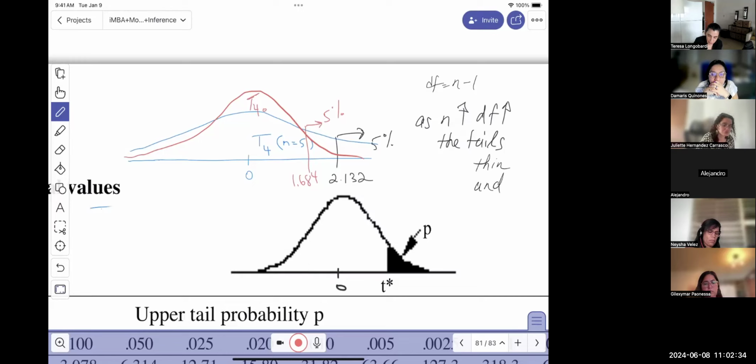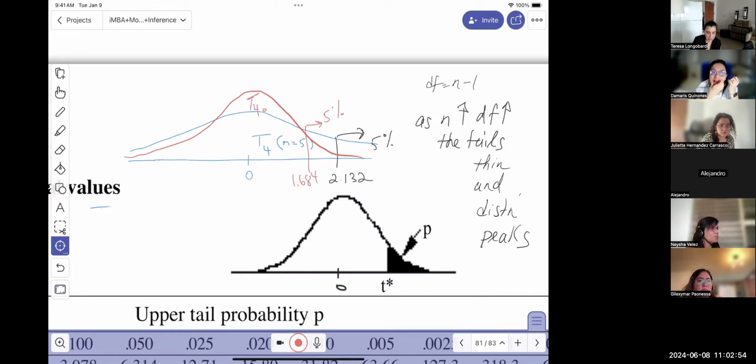And the distribution is more peaked. So as it goes, it becomes more peaked, and in its limit, it looks like the standard normal. Okay, so it's centered at 0. It's really flat at first, but then it narrows.